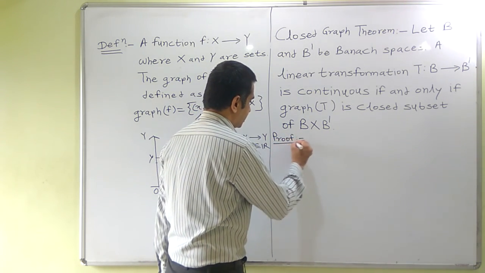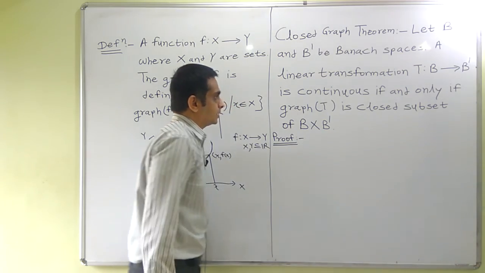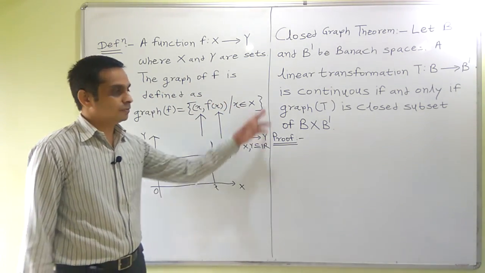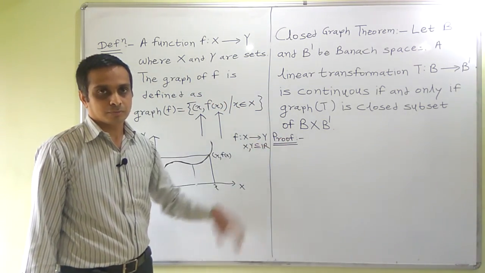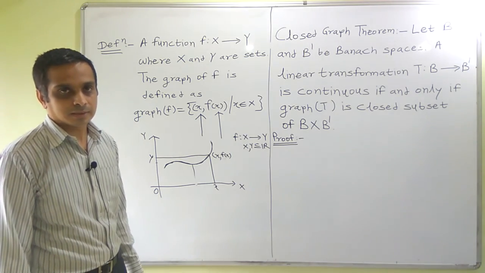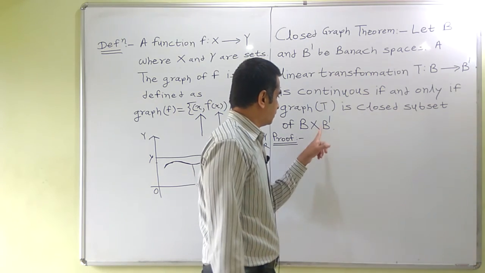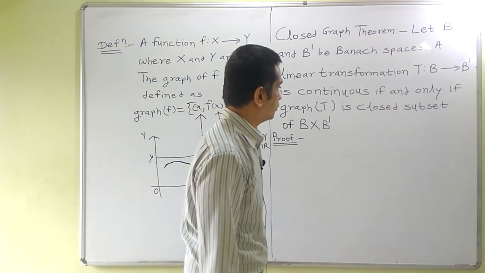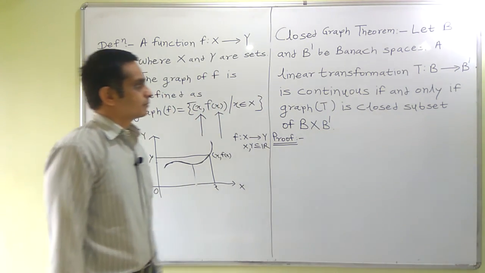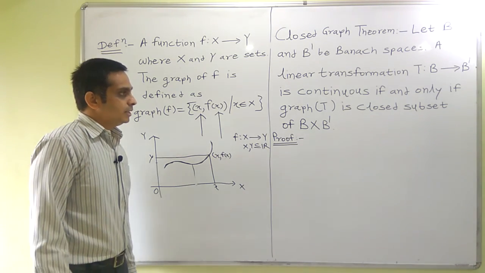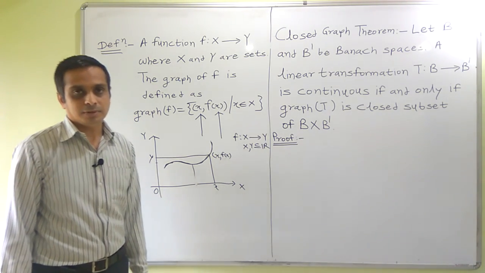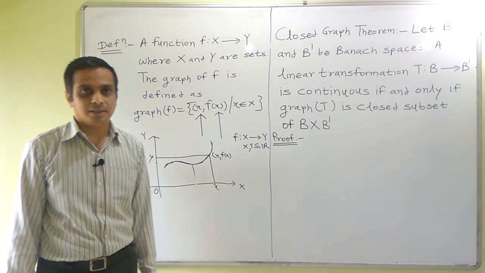We will assume that T is continuous and prove that the graph of T is closed, and conversely we will assume that the graph of T is a closed subset of B cross B dash and prove that T is continuous. So we will see the proof in the next lecture.